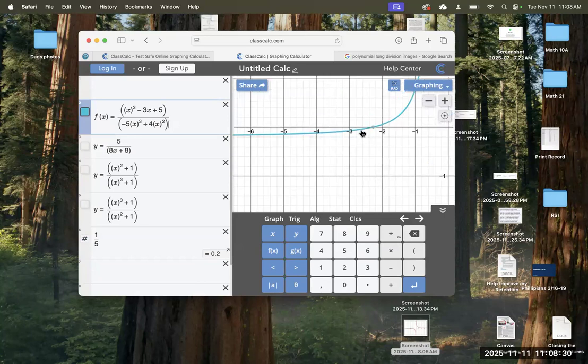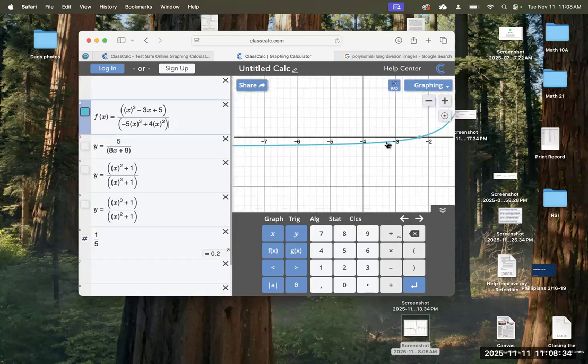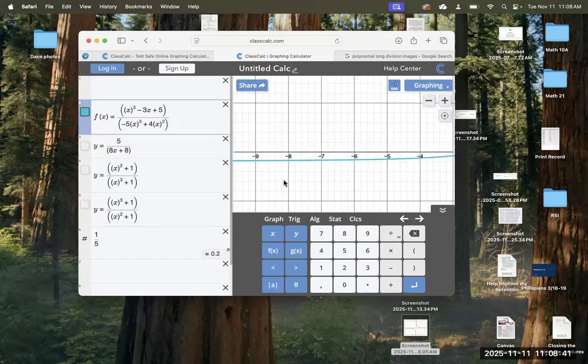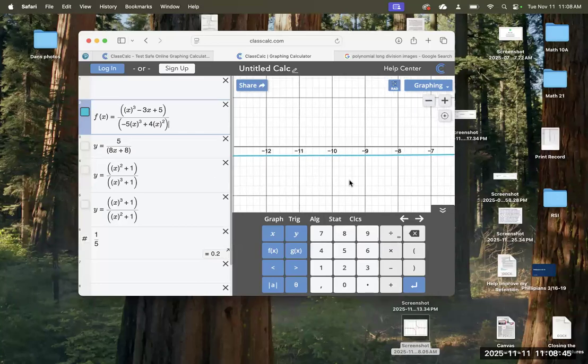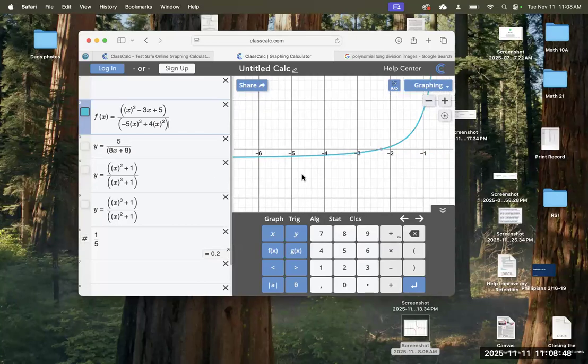If we scroll in here, we can see that this line is approaching a horizontal asymptote. As I go further and further out, you can see that this is one hole right here.